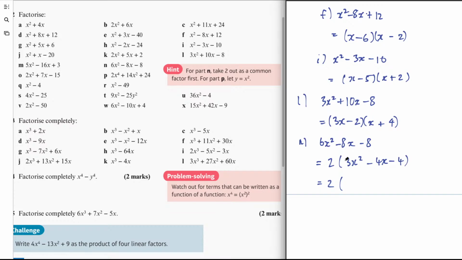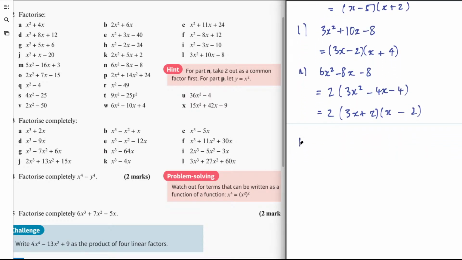Factors of 4 and 3 that make negative 4. So factors of 4 are 4 and 1, or 2 and 2. I think I'll go with 2 and 2. Hopefully that works. So then we could have a negative 6 and a positive 2. That would make negative 4 and a negative 4 on the end as well. Okay.